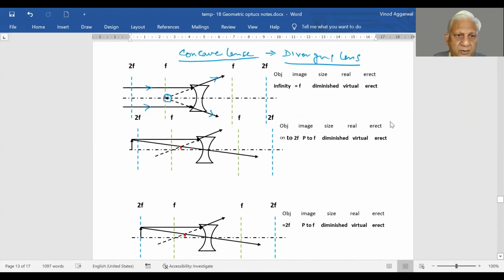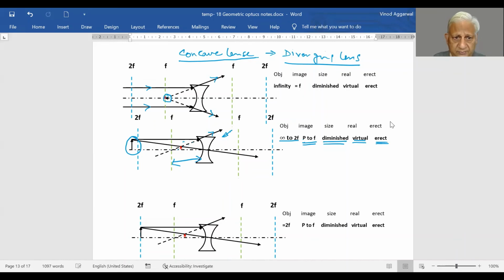Next, if our object is between infinity and 2f, then the image will be formed between the pole and f. This is the pole. It will be formed in this region. The size of the image will be small and it will be virtual, because if you look from this place, the ray appears to come from here.